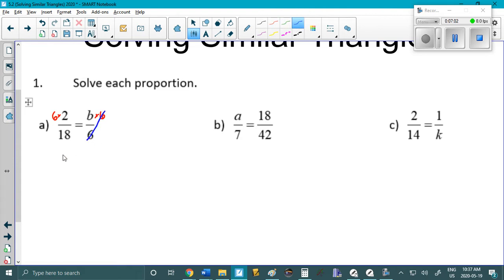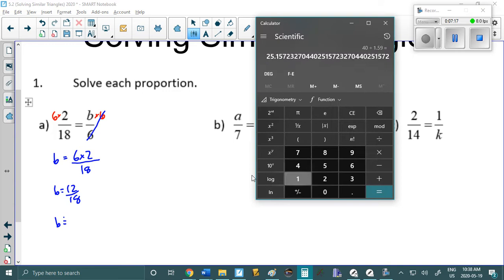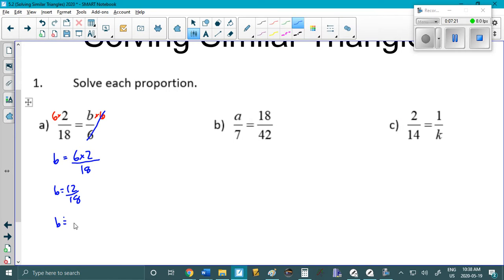This cancels out, and we get b equals 6 times 2 divided by 18. So b equals 12 over 18, or b equals approximately 0.67.